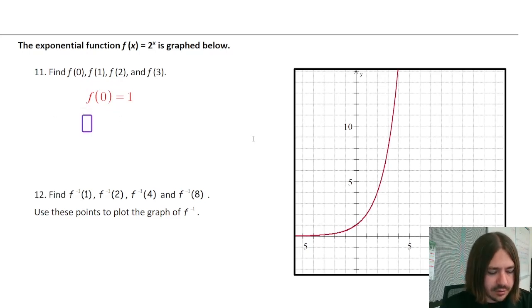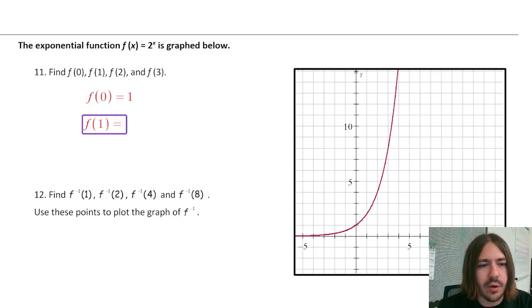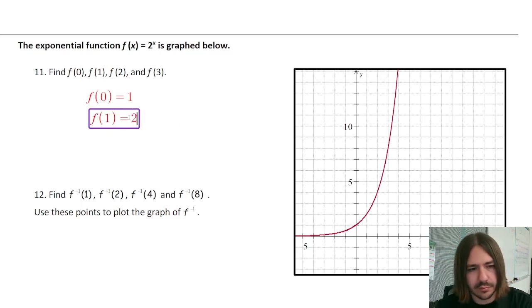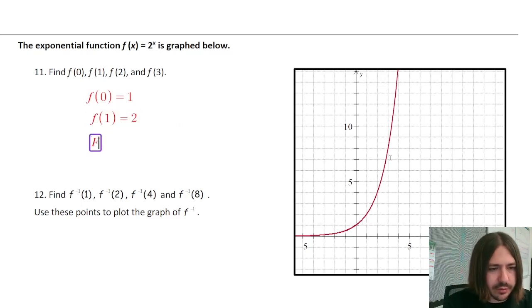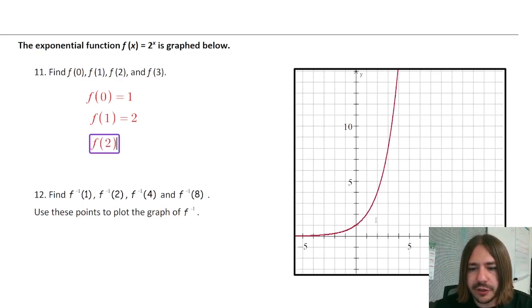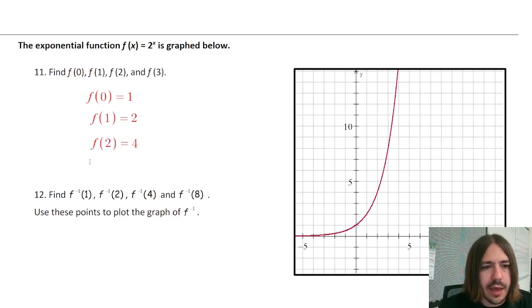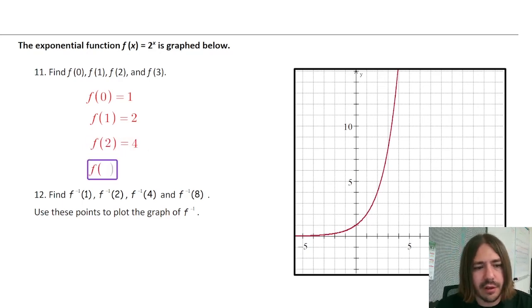F of 1, look at the graph again and see that when x is 1, y is 2. If I plug in 2, f of 2 is 4. And f of 3, 2 to the third power, is 8.